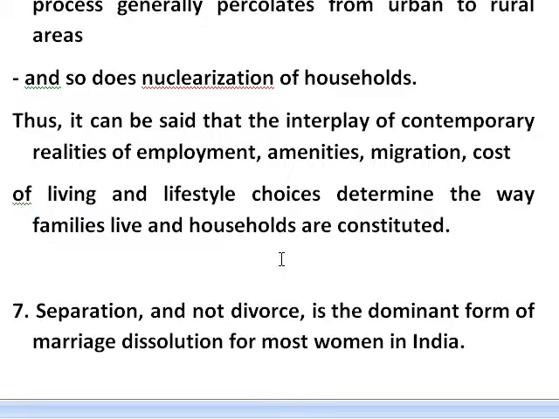Thus, it can be said that the interplay of contemporary realities of employment, communities, migration, cost of living, and lifestyle choice determine the way a family's life and households are constituted.